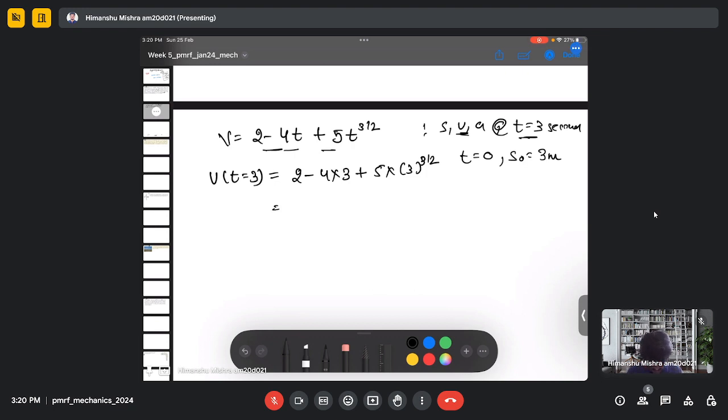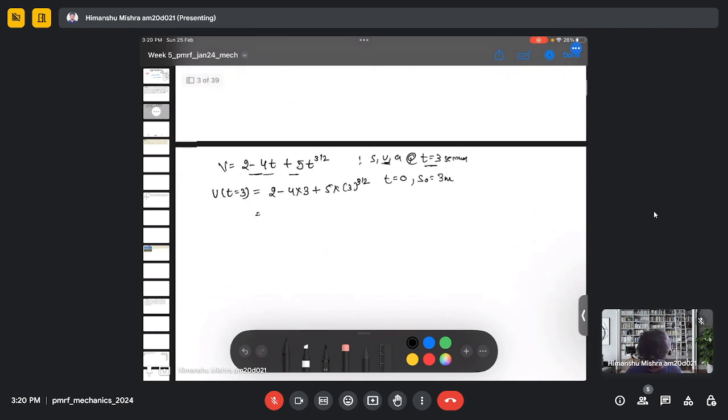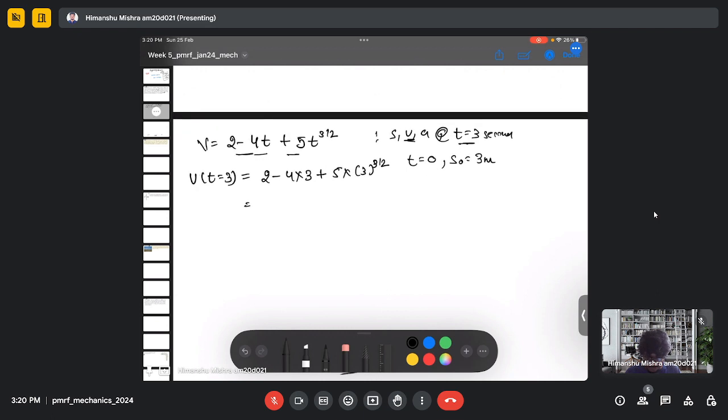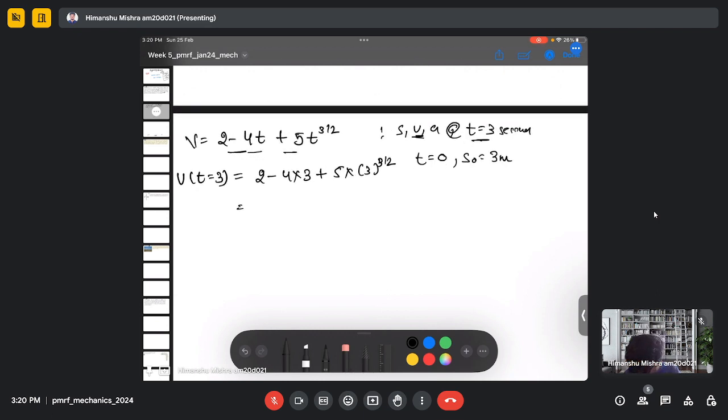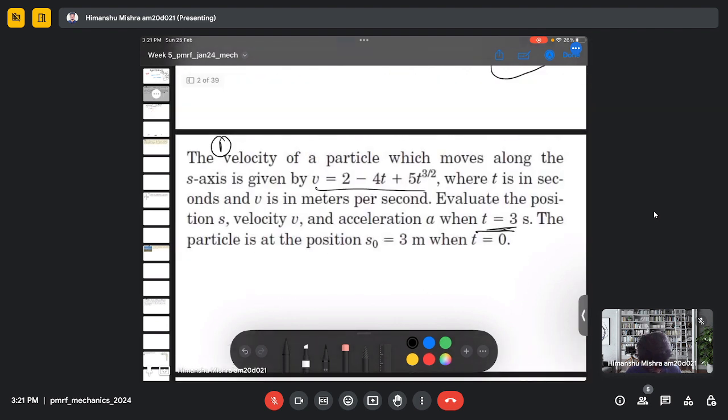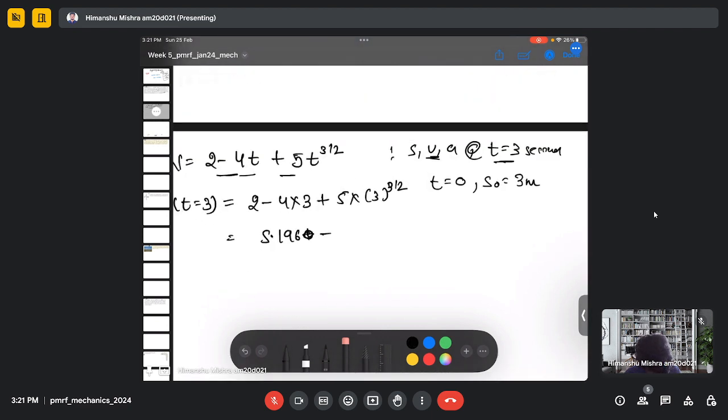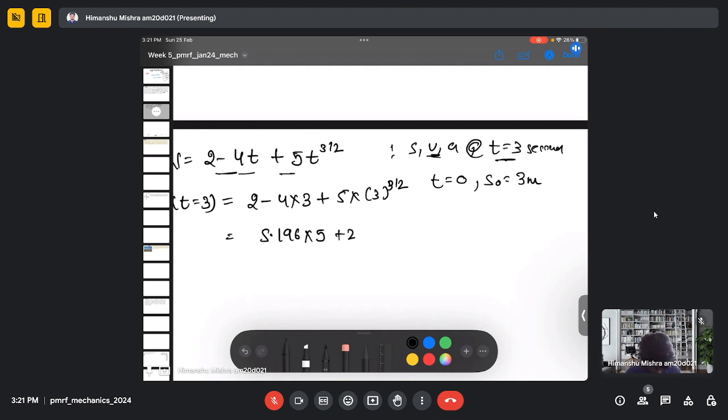we will have 5.196 minus 12, multiplied by 5 plus 2.